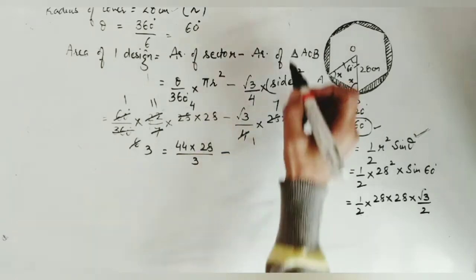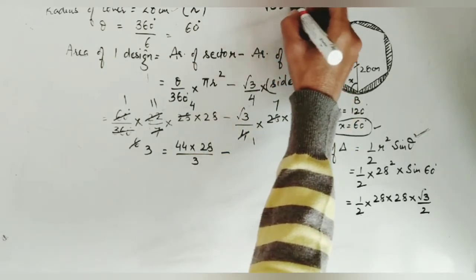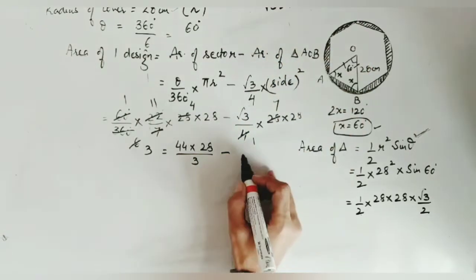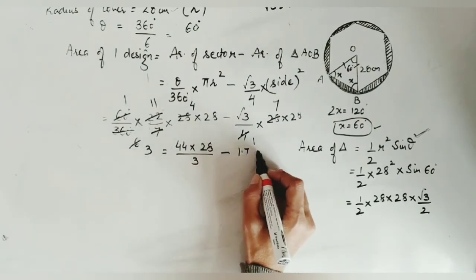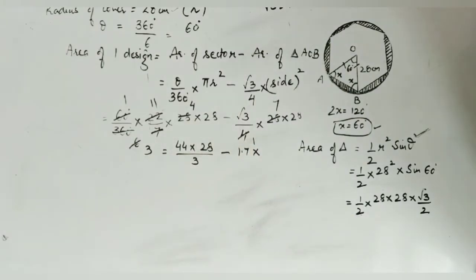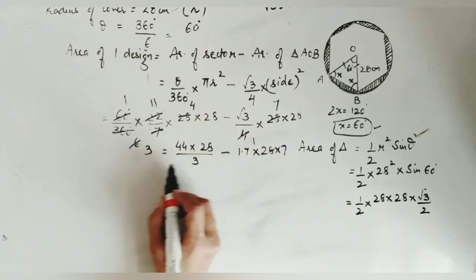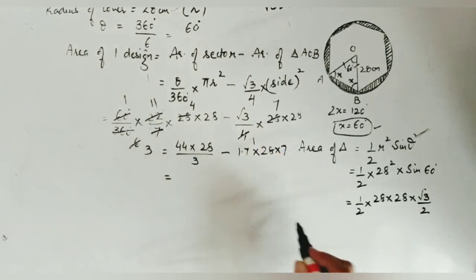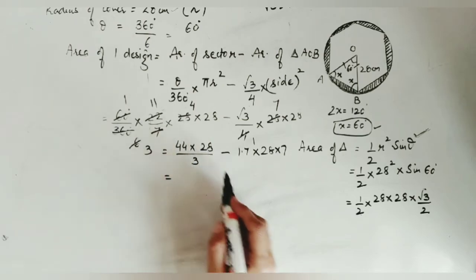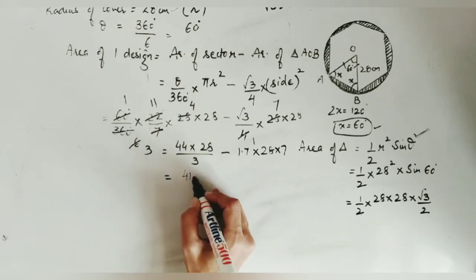The question says that root 3 should be replaced by 1.7. So replace this by 1.7 and look for the product of 28 and 7.